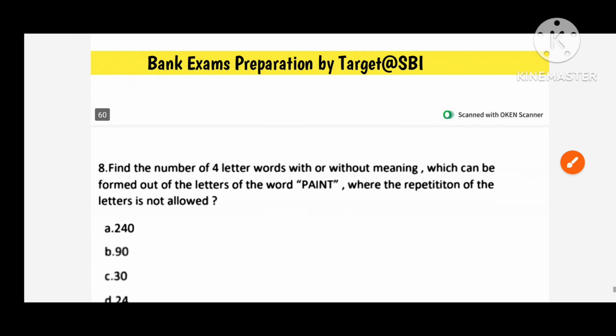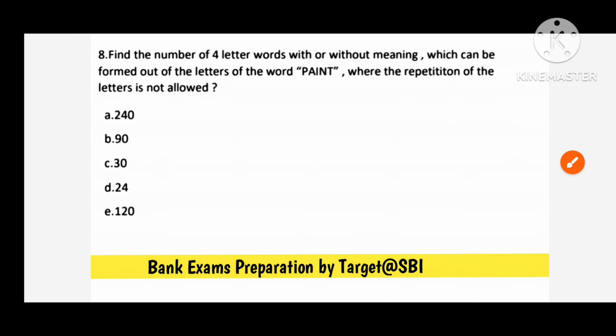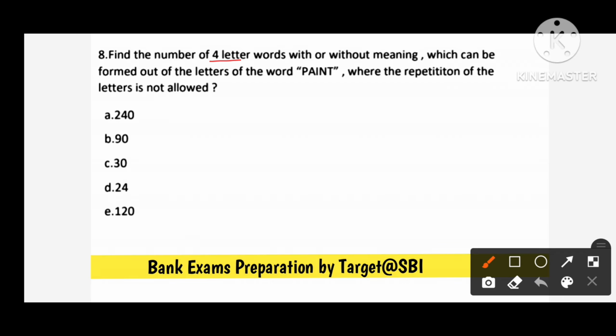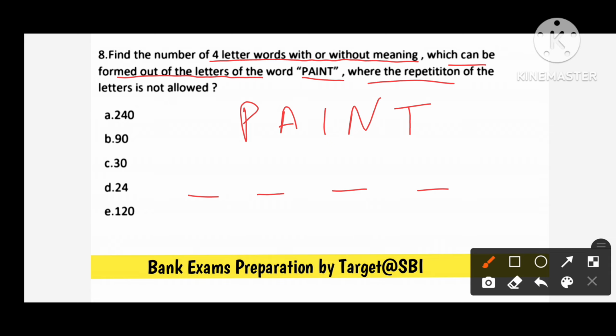Next, question number 8. Find the number of 4-letter words, with or without meaning, which can be formed out of the letters of PAINT. In PAINT there are 5 letters, but we need only 4-letter words, where repetition of the letters is not allowed.